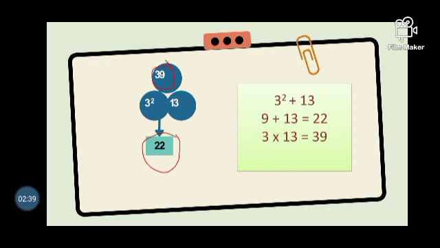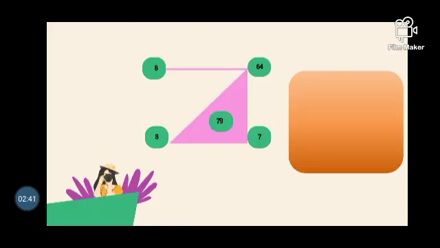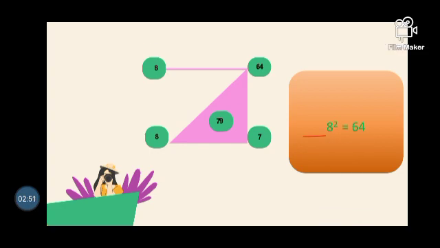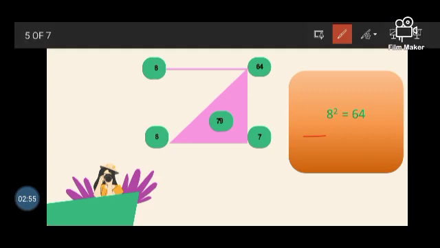Quite simple, right? Okay, looking at this diagram or this figure here, we have 8. So 8 squared is 64. Which 8 are we talking about? This 8. The square of that 8 is equal to 64.